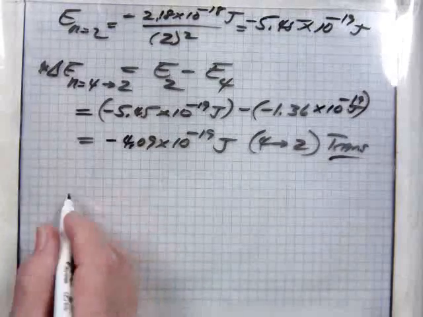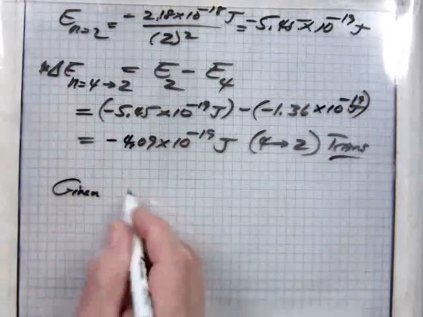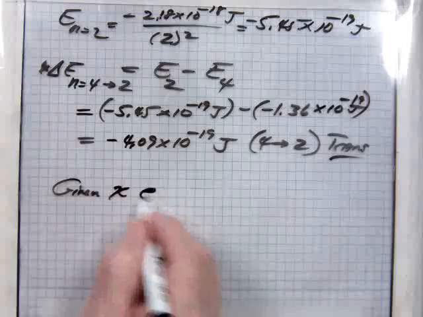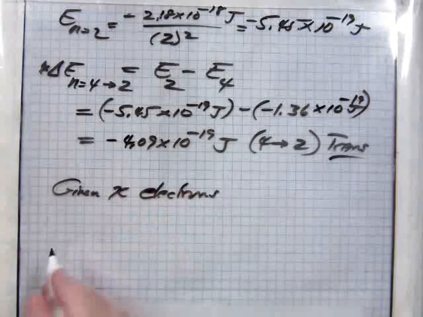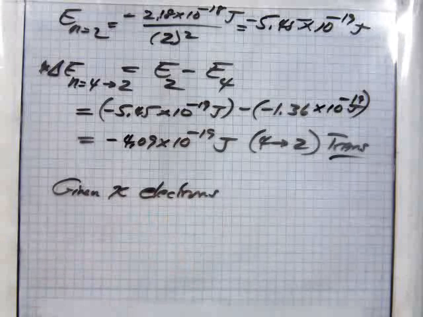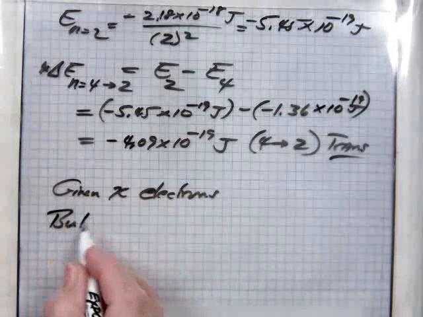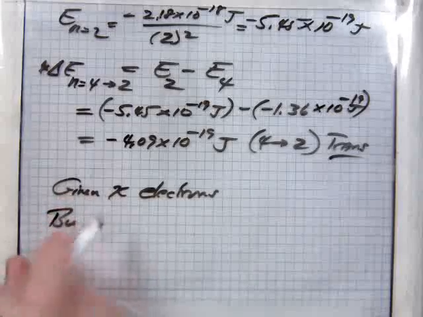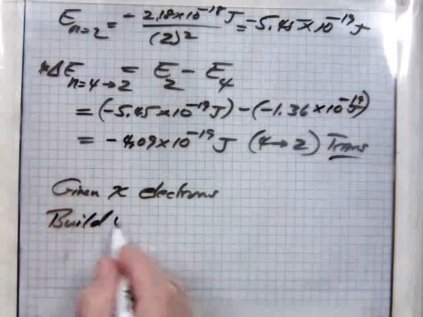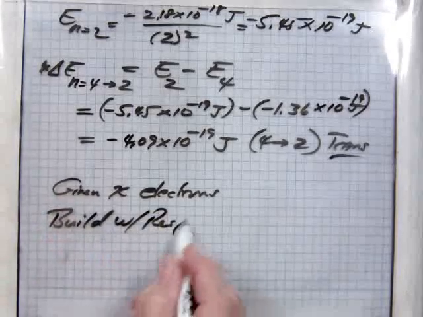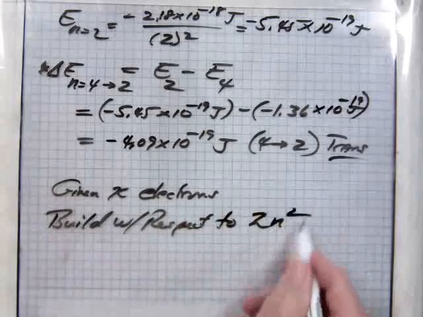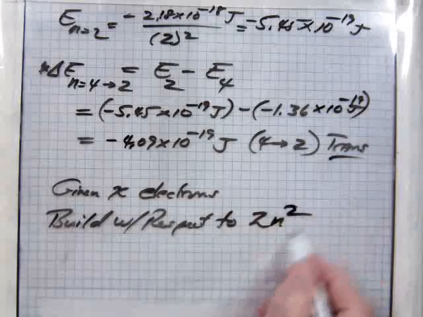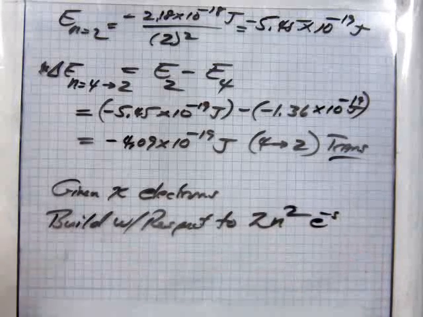So given X electrons, you place them into the atom, building up with respect to a max of 2n squared electrons as you put them in the orbitals.